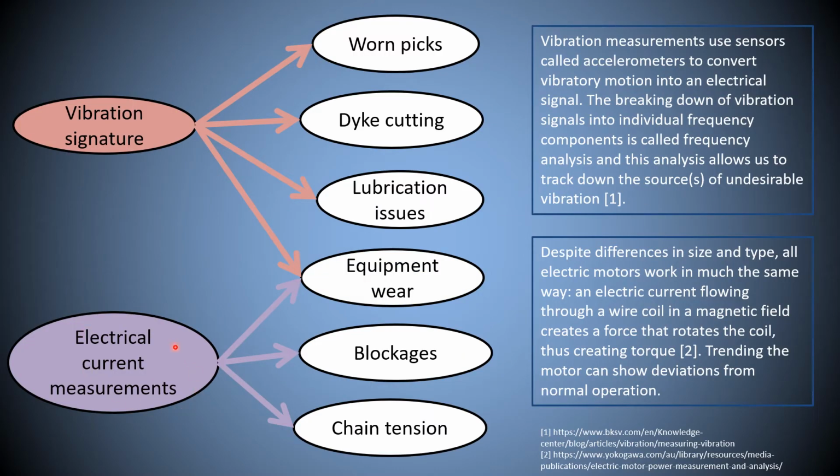Now what we generally do is we'll take current measurements from motors, and this tends to show us things like blockages, equipment wear to an extent, and to a lesser extent chain tension issues, which we have quite a lot of. What I'd like to do is actually look at using the vibration signature analysis, which has generally been used for lubrication issues.